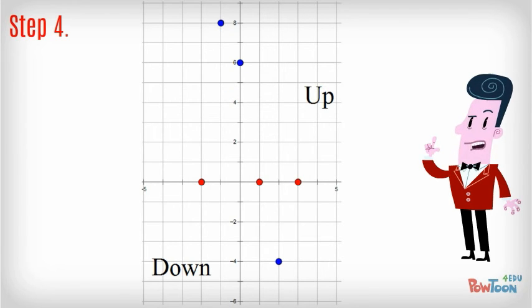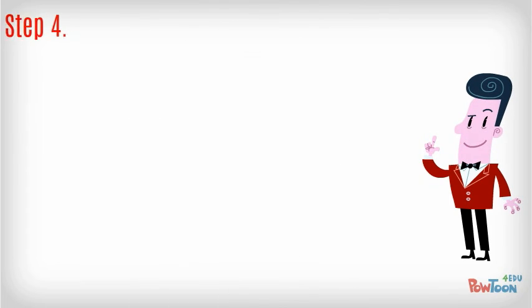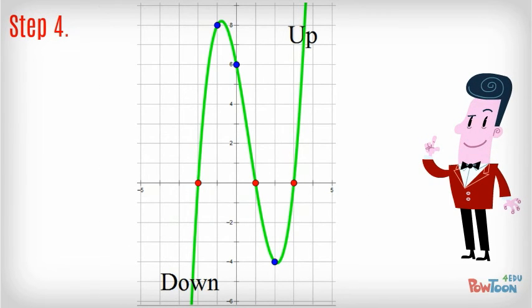And at the ending of the graph, if you're graphing from left to right, the right-hand side of the graph, it goes upwards. So we need to start drawing a smooth curve from down, go up through the dots, back down through the 0, and back up. And that's what end behavior means, down, up. It starts down on the left and up on the right, and we have a beautiful graph of a cubic function. All starting from the zeros.